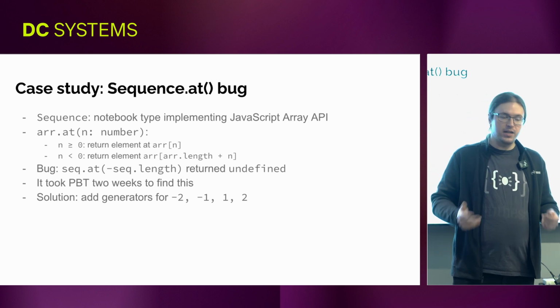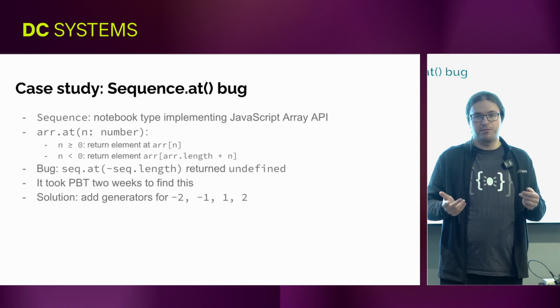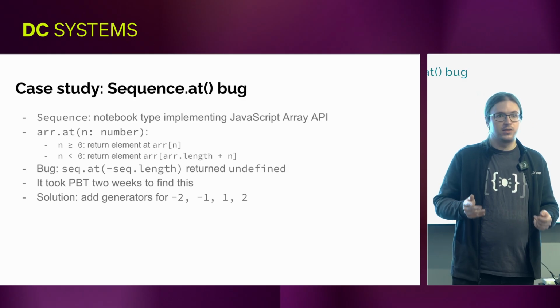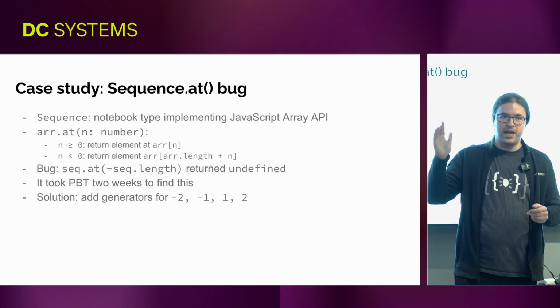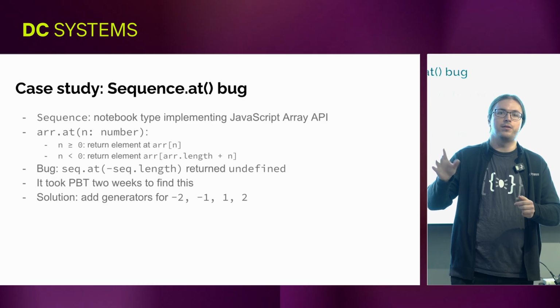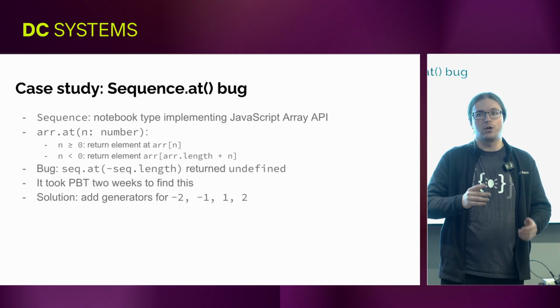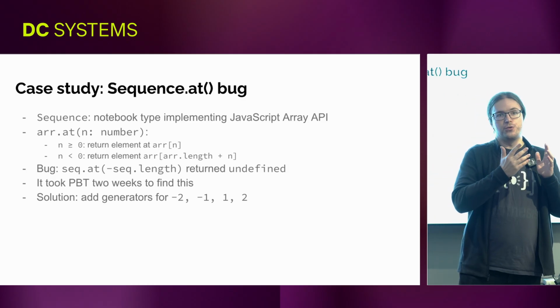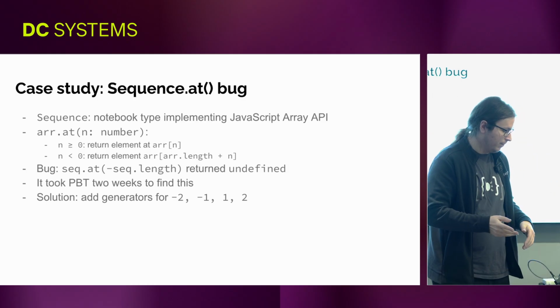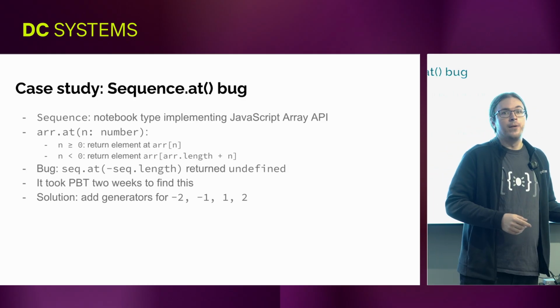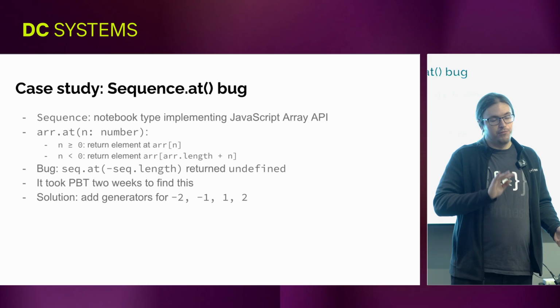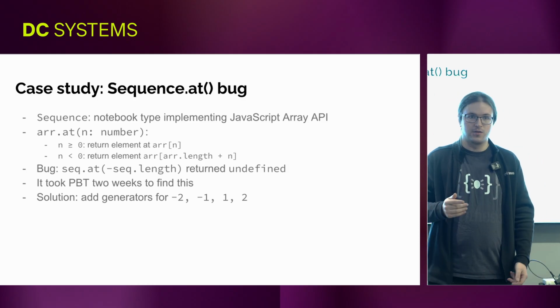If you give it a non-negative integer, it'll return the element at that index. If you give it a negative integer, it'll count from the end. So -1 gives you the last element, -2 gives you the second to last element, and so on until you get to negative length, which should give you the first element. We had a bug where sequence.at(-length) returned undefined instead of the first element.